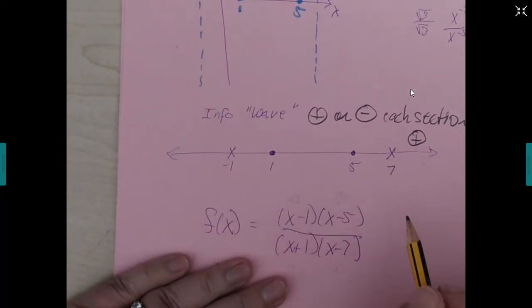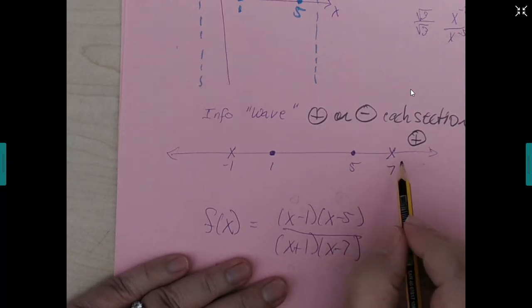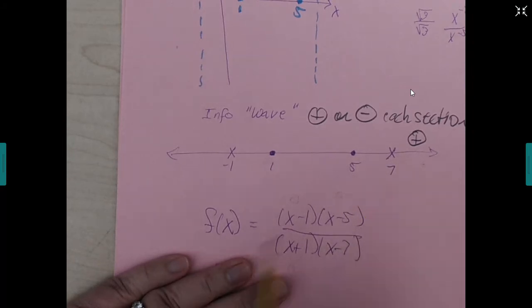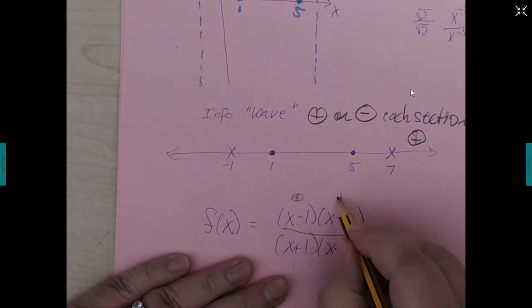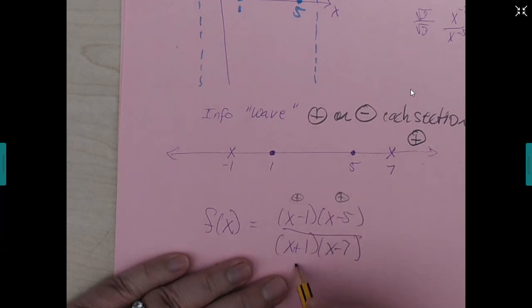Okay, because I'm lazy, I don't want to rewrite this 10 times. Okay, so a number between 5 and 7, say 6. All right, 6 minus 1, that's a positive number. 6 minus 5, positive number. 6 plus 1, positive. 6 minus 7, negative 1, so that's a negative.